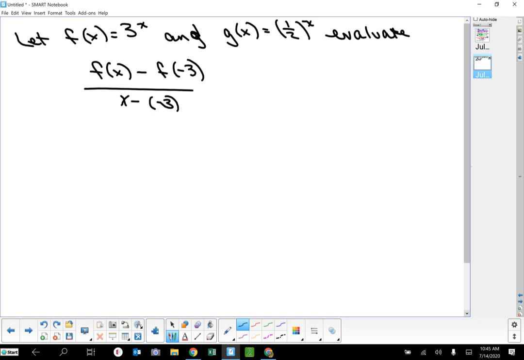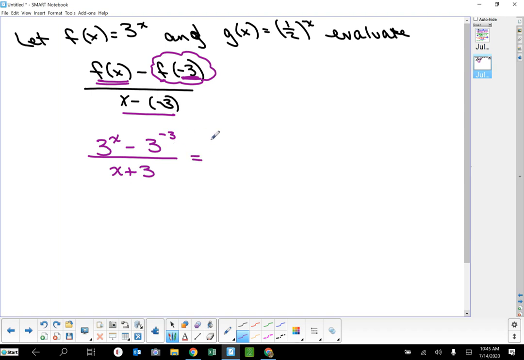You should recall that f of -3 means you plug that value in for the x in that function, and f of x means just plug in the function. So f of x is 3 to the x, and then we evaluate at -3, which means minus 3 to the -3rd power over x plus 3, because we have x minus a -3.